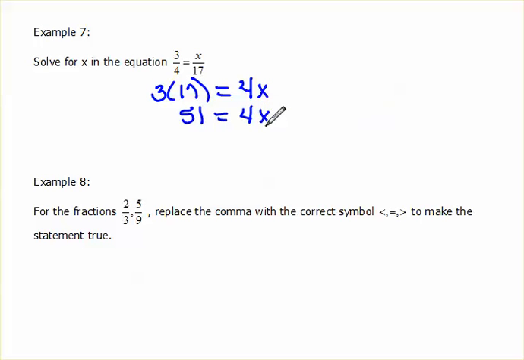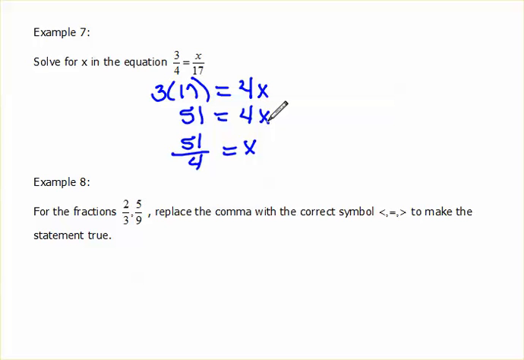And then to get x alone, we would have to divide both sides by 4 to get x equals 51 over 4.